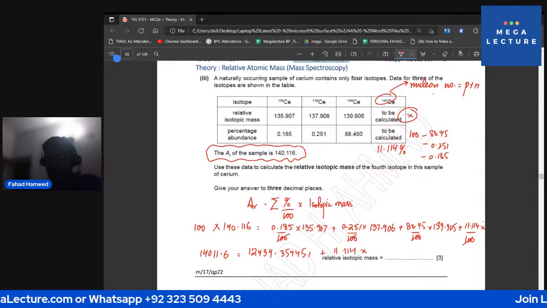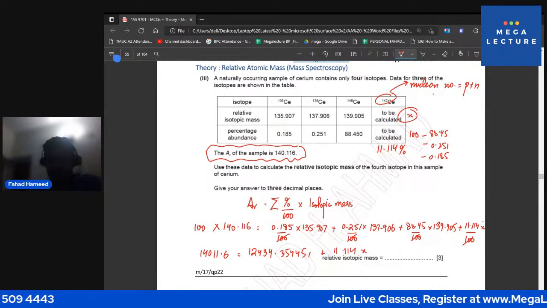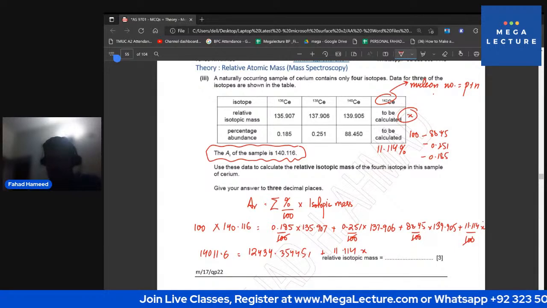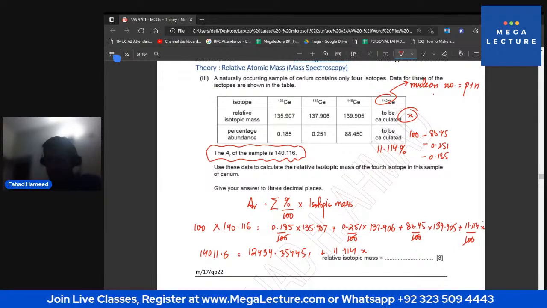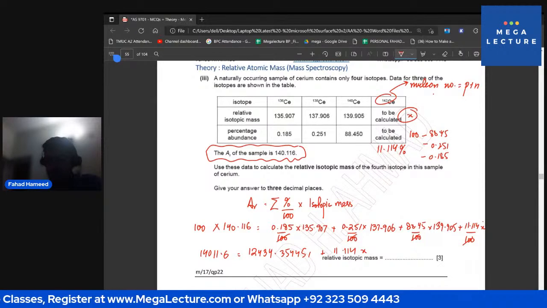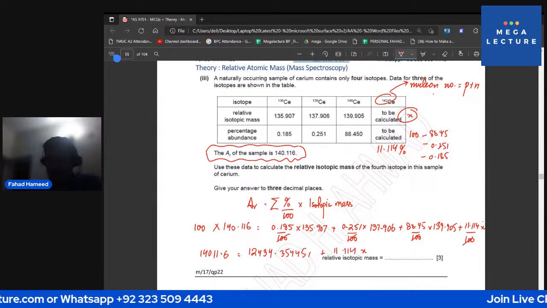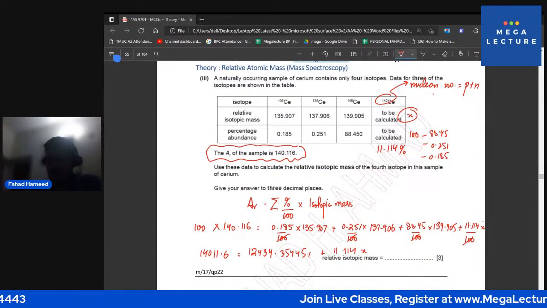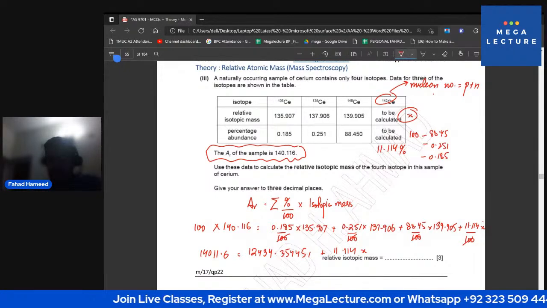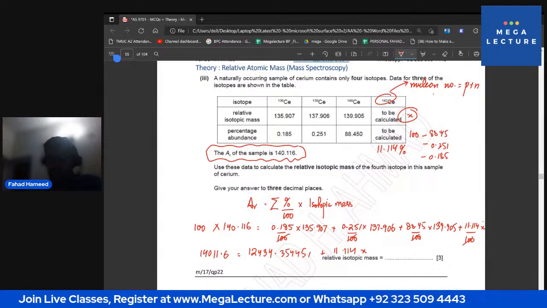So this value over here is 14,011.6, and I'm going to minus 12,434.354451, and I'm going to divide the whole thing by 11.114.